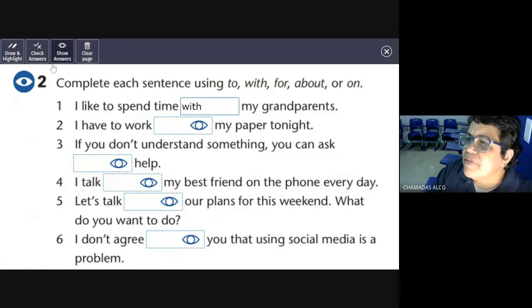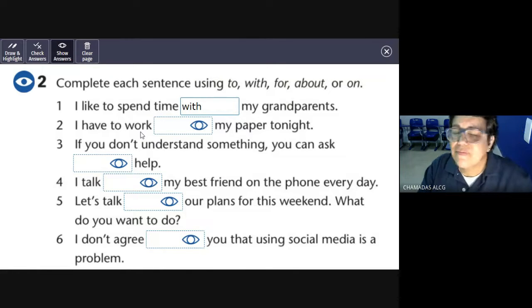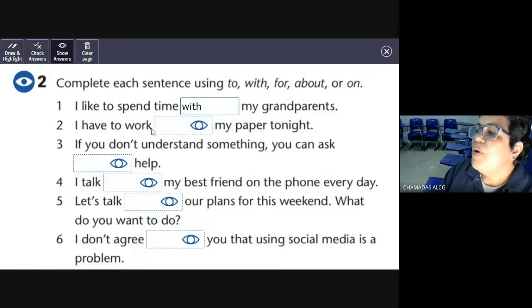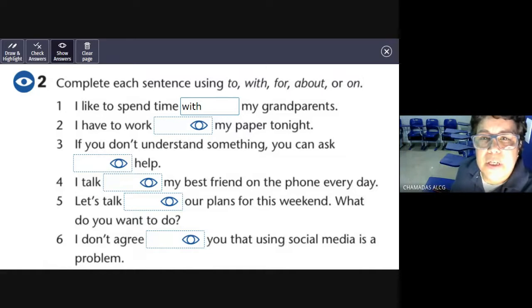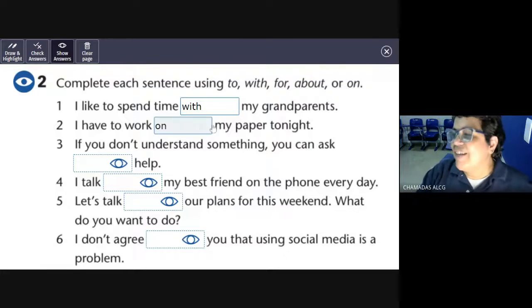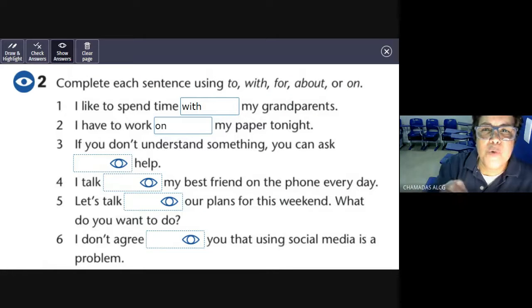The next one, let's say, I have to work. No. Which preposition do we use with the verb work when I have to focus on something? Yes, great, Julie. On. Yes, very good. You work on something when you have to focus on something. Okay, great. Now, number 3, if you don't understand something, you can ask.